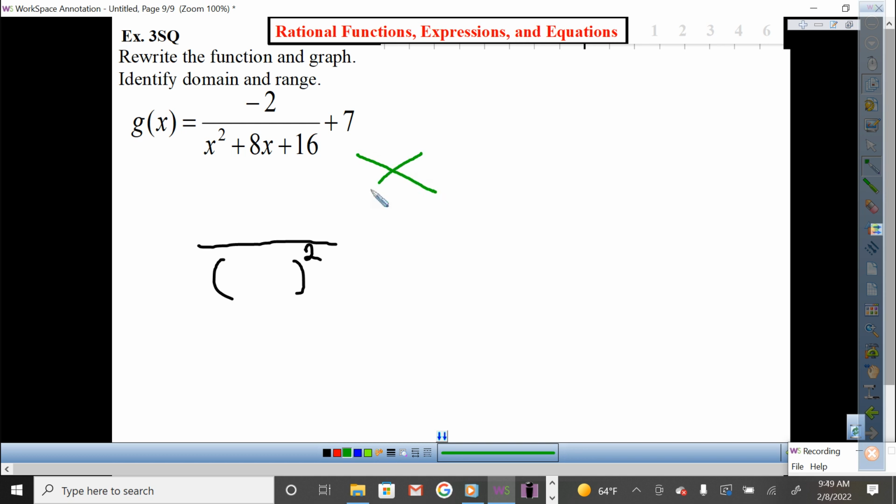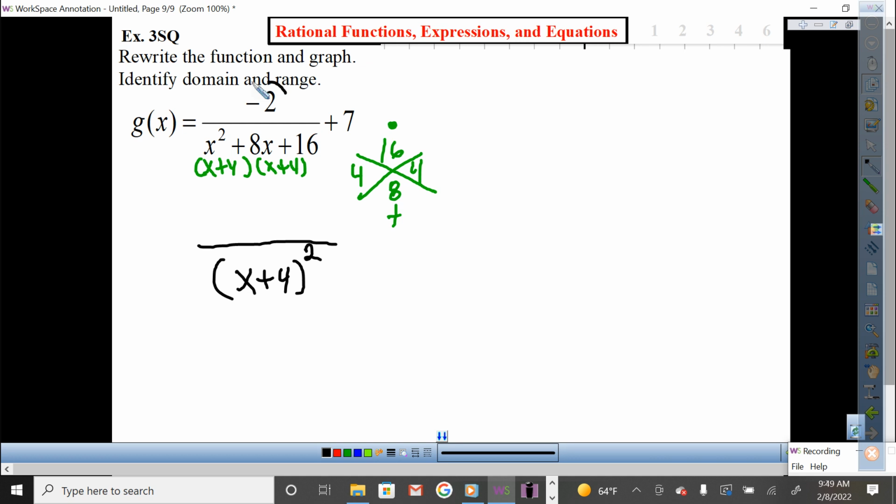So we go 16 and 8. What 2 numbers multiply to give me 16 that add up to give us 8? 4 and 4. So my factors would be x plus 4, x plus 4. What's another way of writing that? x plus 4 squared. That is correct.